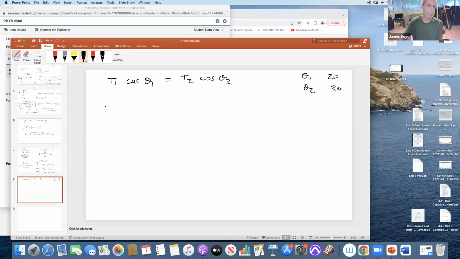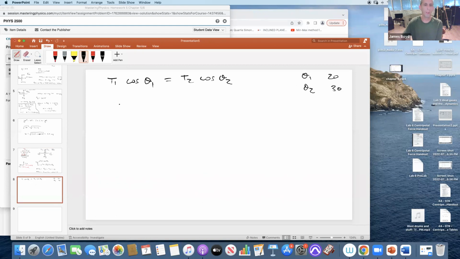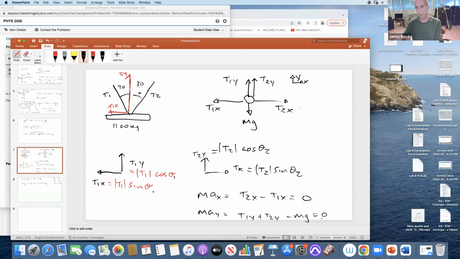And then I have mg is equal to T1 sine theta 1 plus T2 sine theta 2. And my mass was 1,100 kilograms. So all I've done is I moved that over so that mg is equal to this and that over.